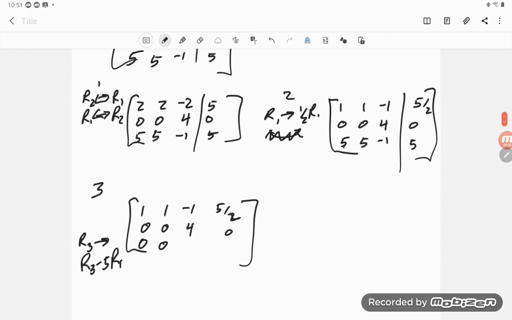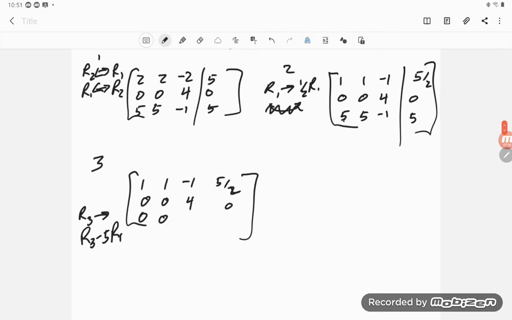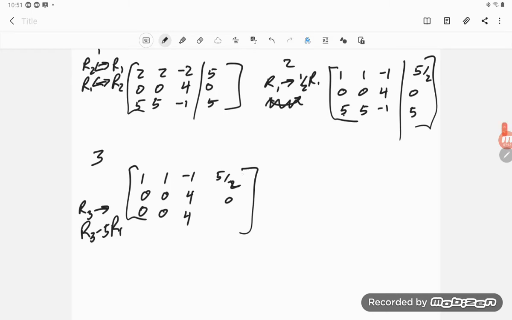And then -1 minus a -5, that gives me a +4. And 5 times 5/2 is 25/2. And so I'm taking 10/2 and subtracting 25/2. And so that gives me minus 15/2.